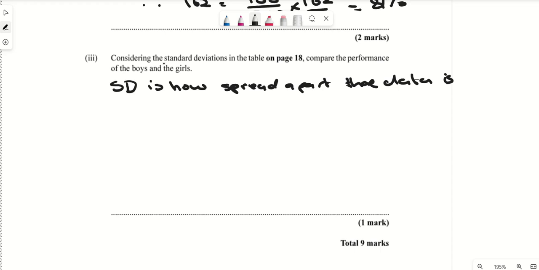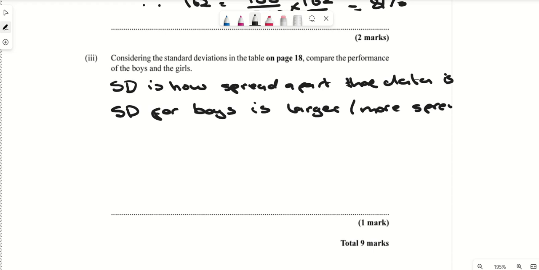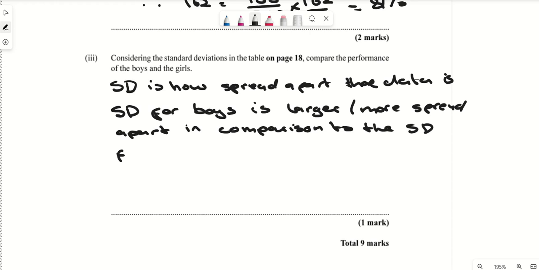the standard deviation for boys is larger or more spread apart in comparison to the SD, which means standard deviation, for girls, right?